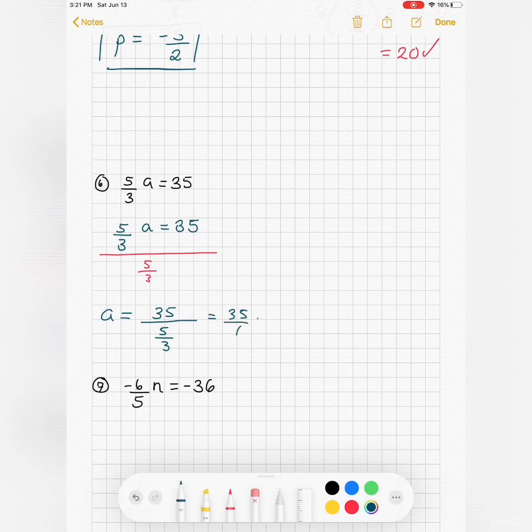Top fraction stays the same. Bottom one flips and I multiply. 21.